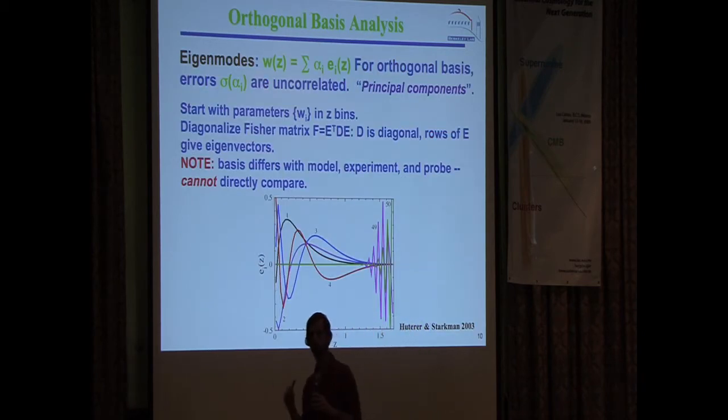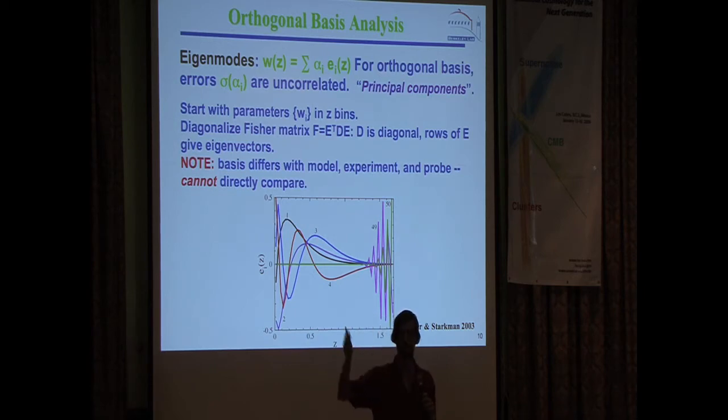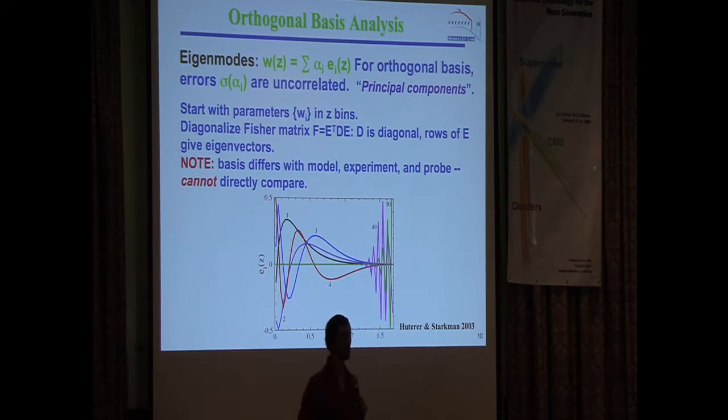Okay, let me go away from the standard Fisher matrix and talk about some other ways of using the information. In particular, doing an orthogonal basis expansion. So just like you can do a Fourier transform, you can expand a function in a Fourier series and Chebyshev polynomials and all sorts of things. You can generically just choose any orthogonal basis.